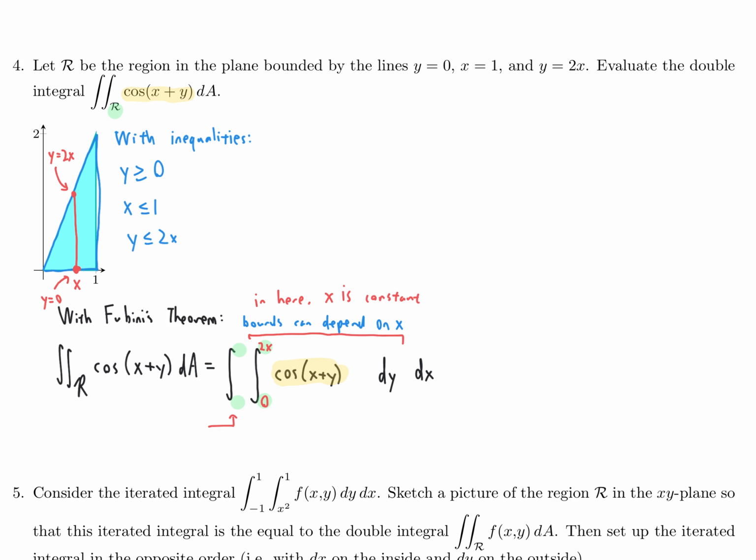We can't make any claim like that. And so these limits of integration have to just be numbers. They have to just be constants. And that, in fact, makes our life easier. What's the upper limit for x and the lower limit for x within this region as numbers? Well, x can't be any smaller than 0, and it can't be any greater than 1. And so I'm just going to write 0 to 1 for x.